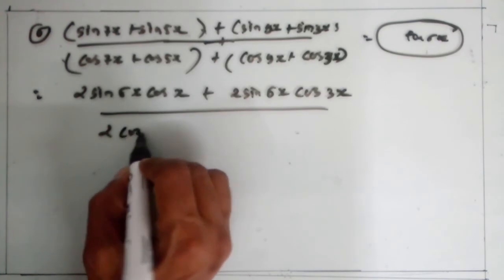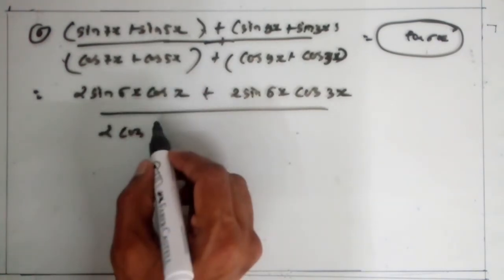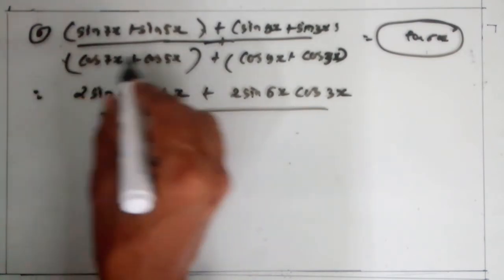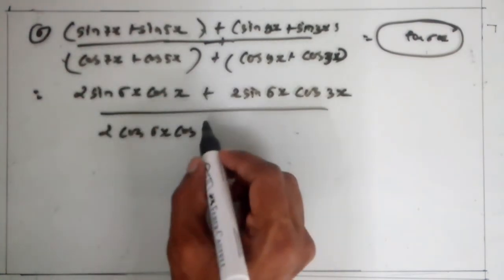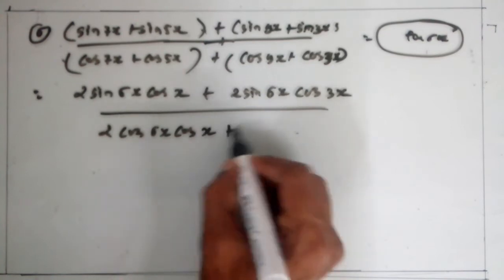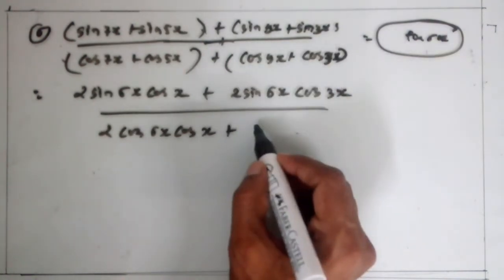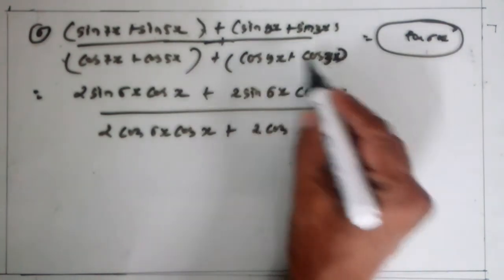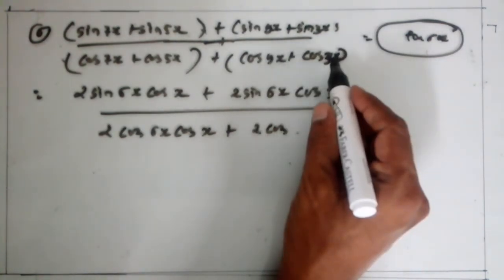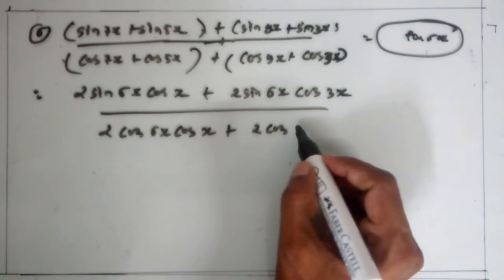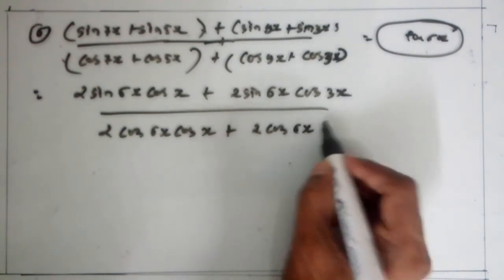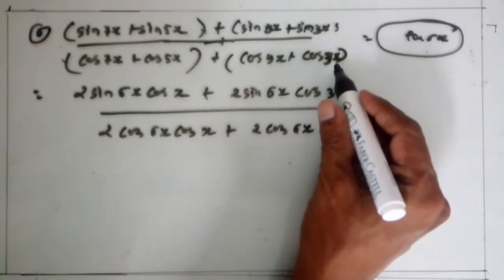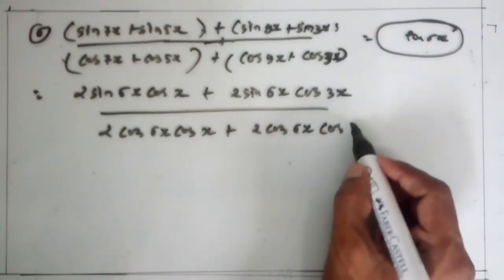So 2 cos (7x plus 5x), 12x upon 2 becomes 6x, into cos (7x minus 5x), 2x upon 2 becomes x, plus cos, same applied for this here, 2 cos, here becomes (9x plus 3x), 12x upon 2 becomes 6x, into cos, subtraction of these two, 6x upon 2, that is 3x.